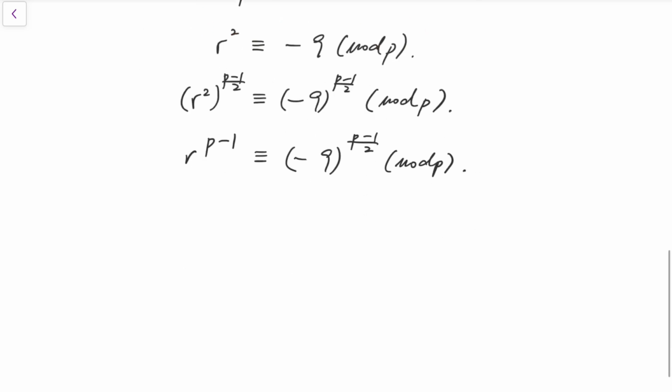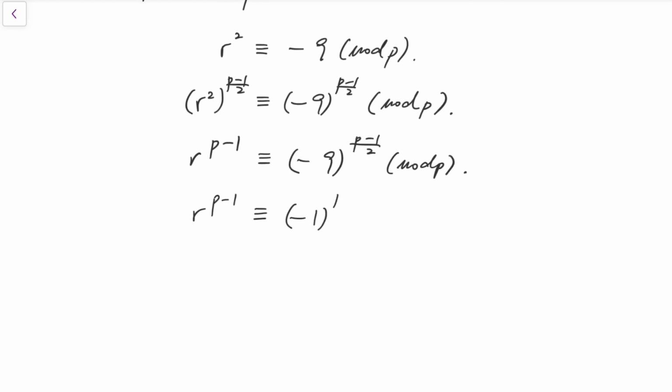Or I can say that as, for the right side, minus 1 all to the power p minus 1 over 2, splitting the minus 9 into minus 1 times 9. And for the 9, I'll rewrite that as 3 squared. So 3 times 3 to the power p minus 1, mod p.